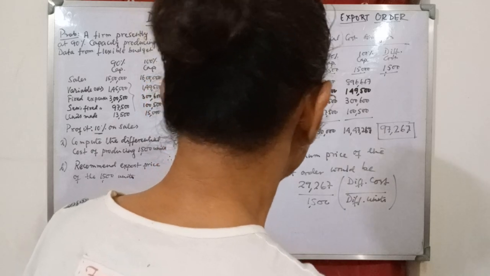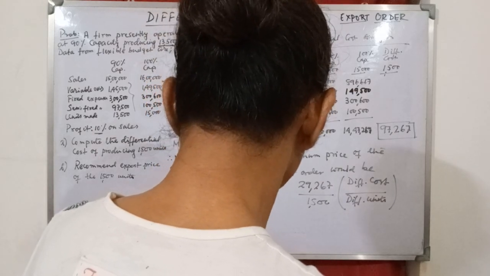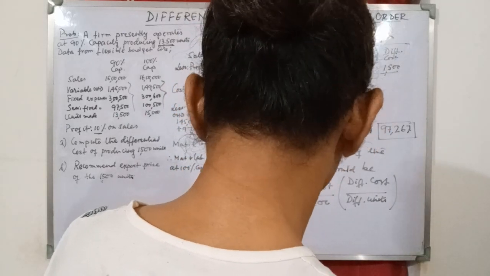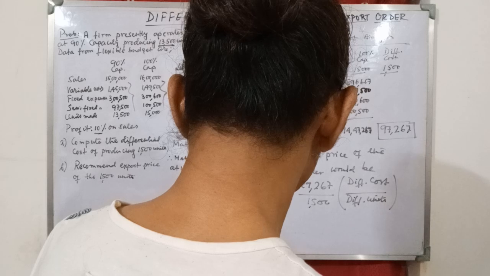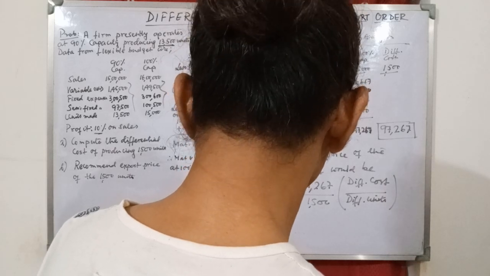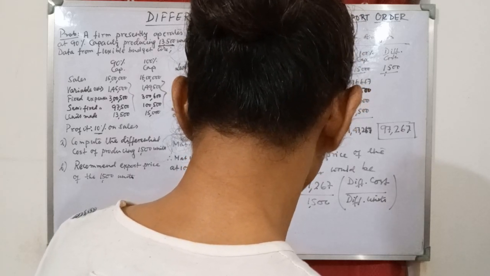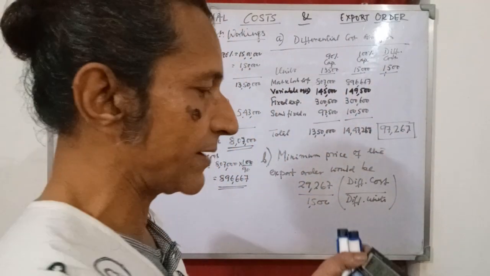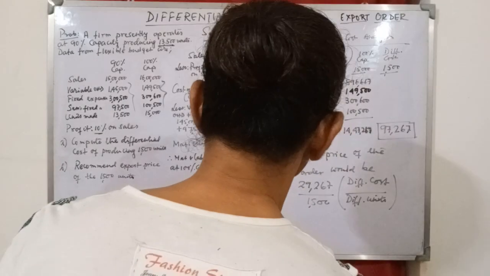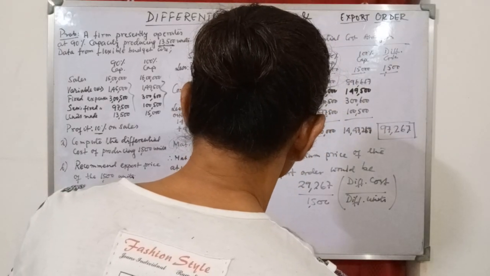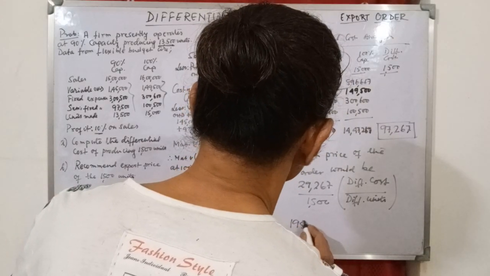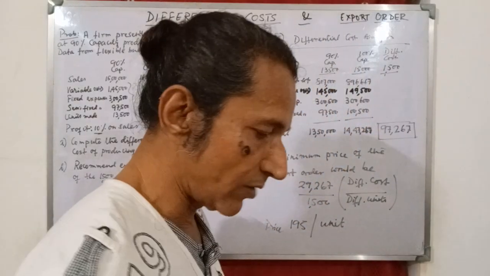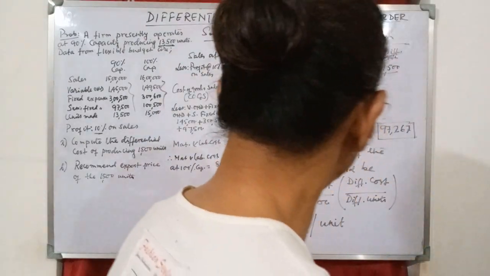97,267 divided by 1500. So we get the price of 195 per unit. This is 195.11, so we have taken 195.